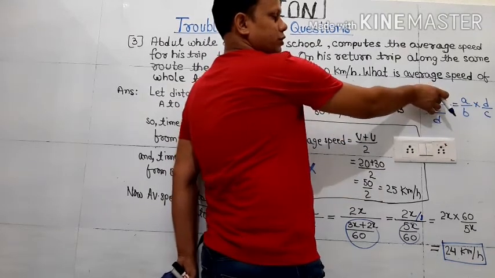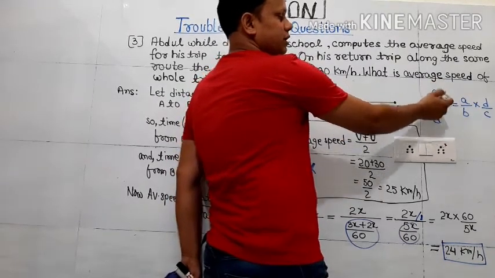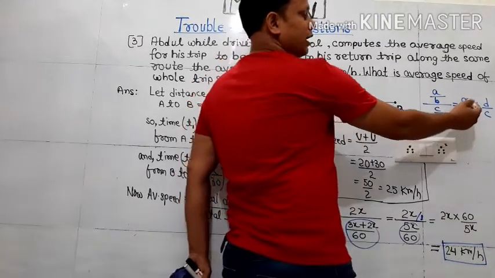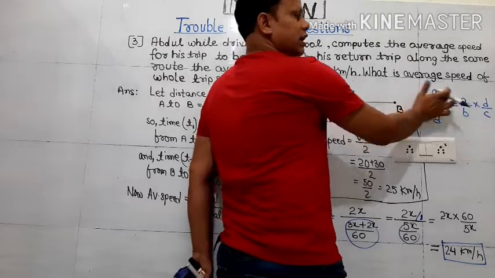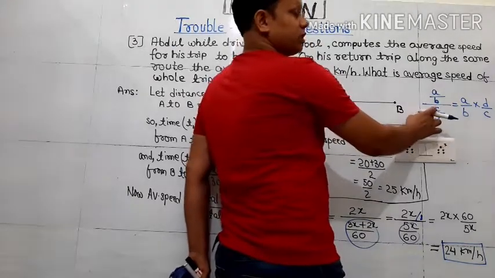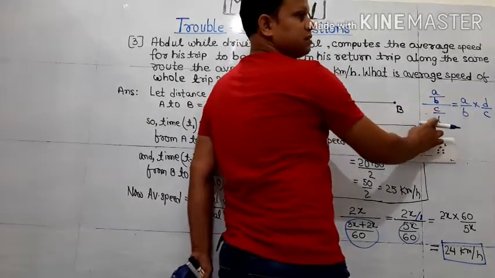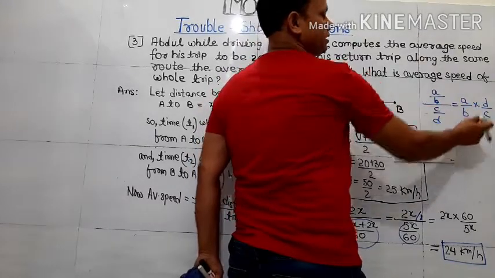Now fraction to fraction. So numerator upon denominator will be simplified by a by b, that is the numerator fraction, into the reciprocal of the denominator fraction. Since it is c by d, the reciprocal will be d by c.